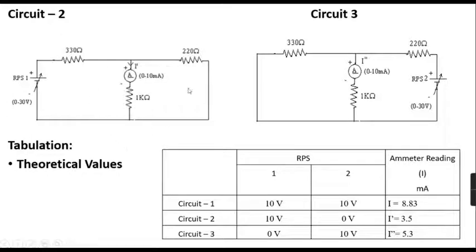For the second circuit, RPS 2 is short circuited, which is 0 volt, and RPS 1 is 10 volt, so the current through this ammeter is 3.5 milliampere. For circuit 3, RPS 1 is short circuited, RPS 2 is set to 10 volt, and we got 5.3 milliampere. So the sum of these two currents will be equal to the circuit 1 current, that is I equals I dash plus I double dash. This is the theoretical value. We will see it experimentally.